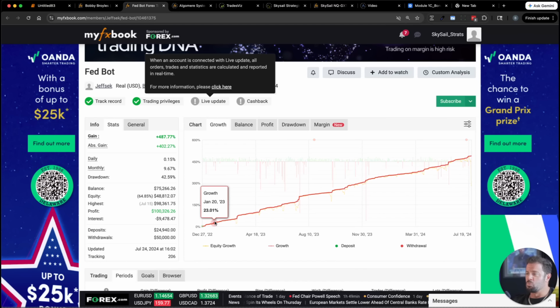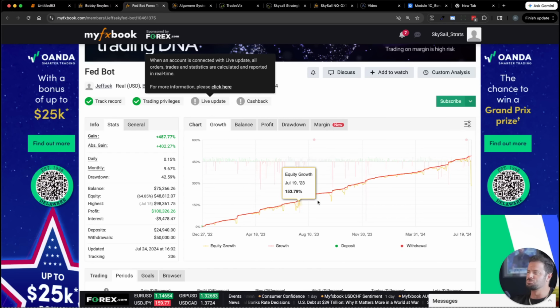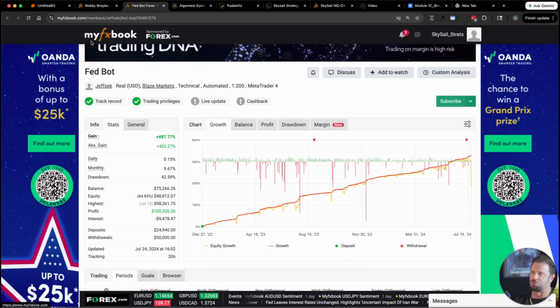So a really important concept is, you probably are familiar and you've seen this kind of chart, right? Very beautiful, very impressive performance, smooth balance curve. But if we look deeper at it, we can immediately see, and you're probably seeing for the first time, well, what is that yellow line? This yellow line is the equity curve. And some of you are familiar with MyFXBook.